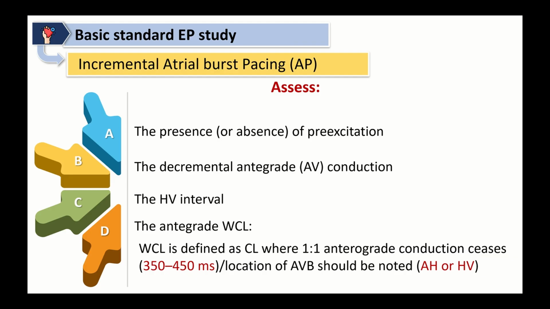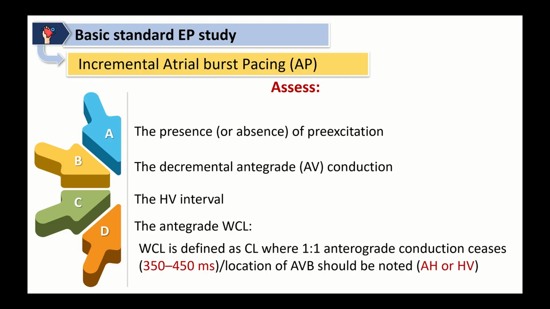Decremental AV nodal conduction in case of nodal conduction. What about HV? We know in the presence of an accessory pathway, the HV interval becomes short, then maybe negative.